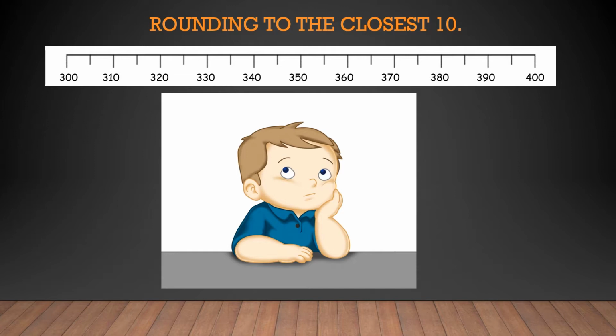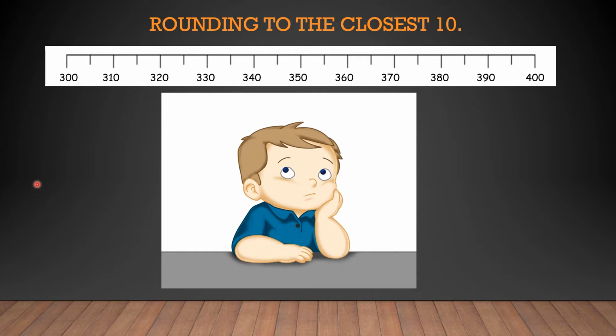In between each one of those tens, we also have 5 as our midway point. So in between 300 and 310 is 305. In between 310 and 320 is 315. 325, 335, 345, and so on.